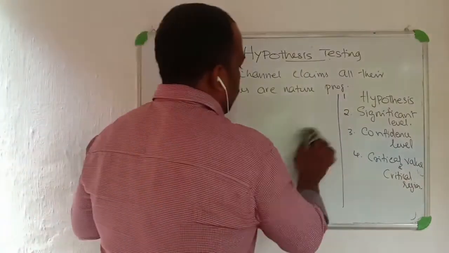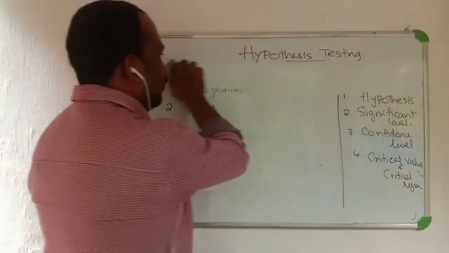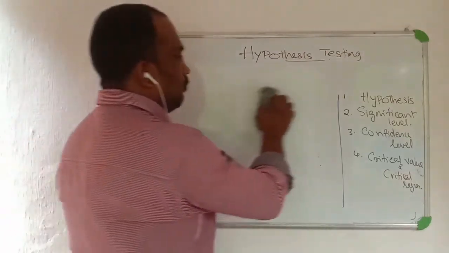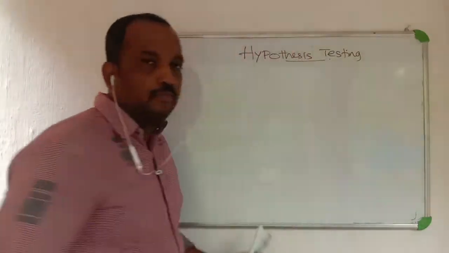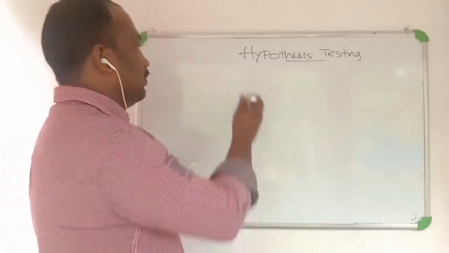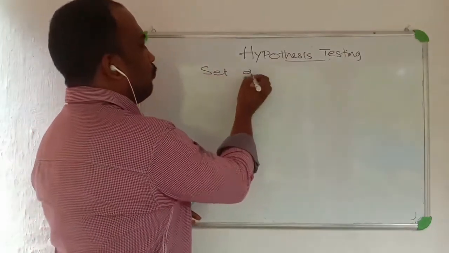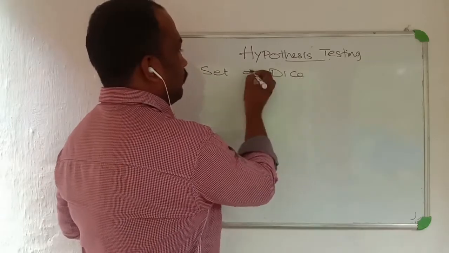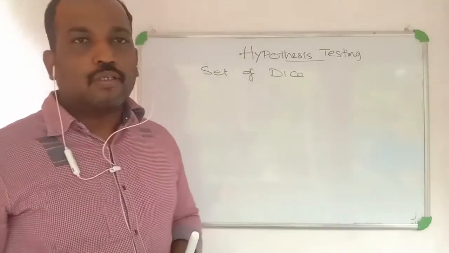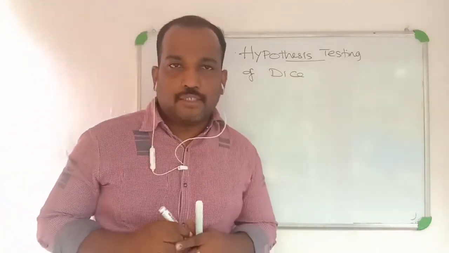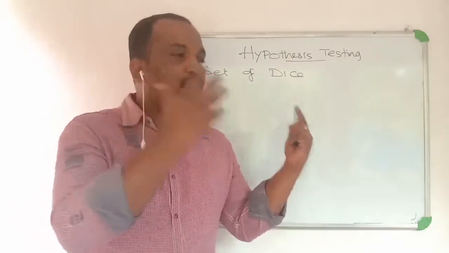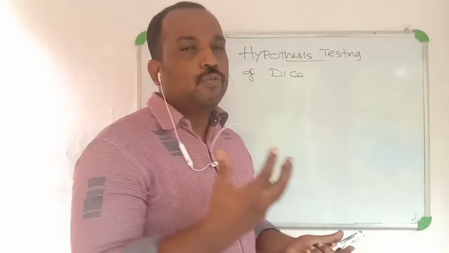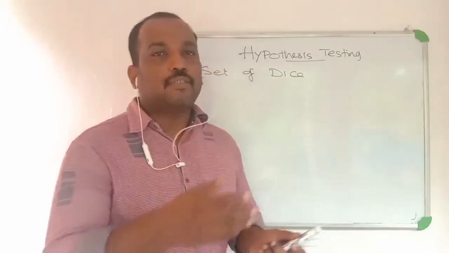If I take another known example, let's have a set of dice. Among this set of dice, a few dice are fair and a few are biased.